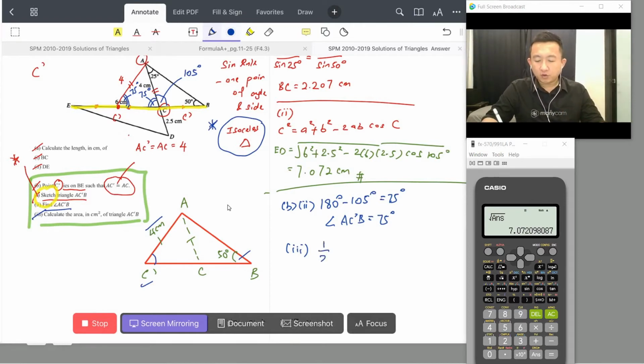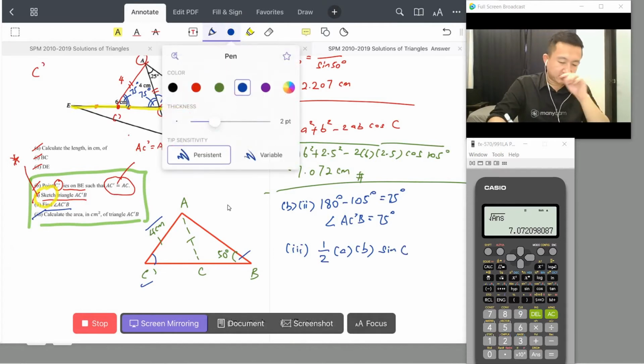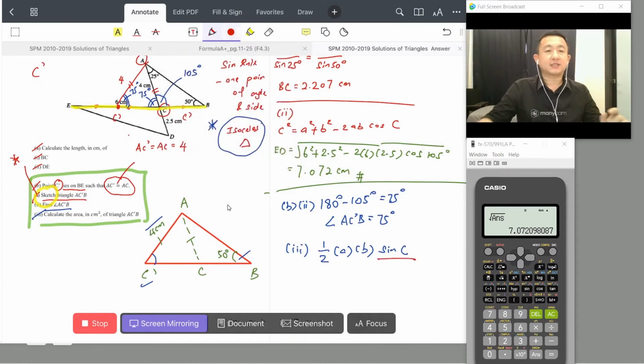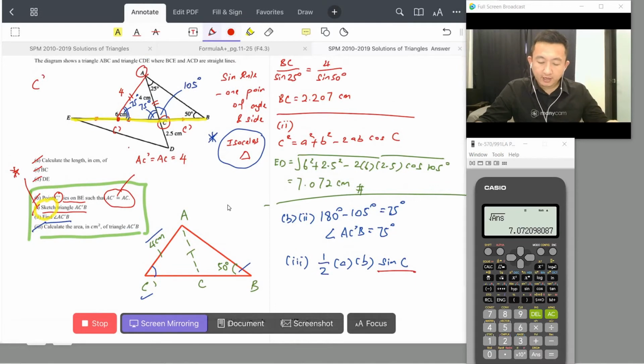You have 1 over 2 ab sine C. So the keyword here again is to find this angle. Which angle you want to rely on to find the area, and you know 50 here, you know this is 75, and this is 75, and how about this one?